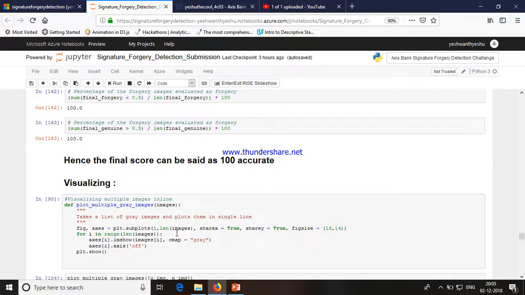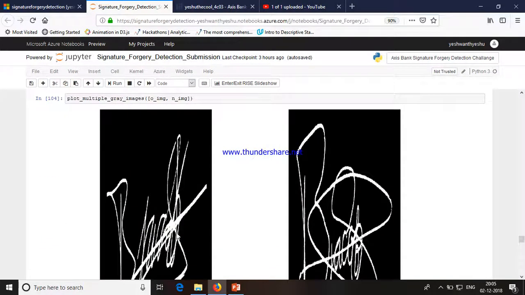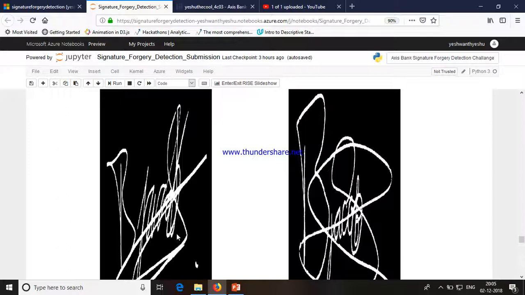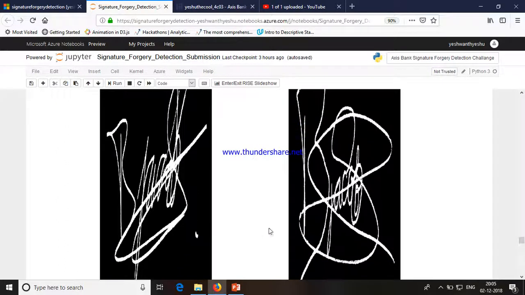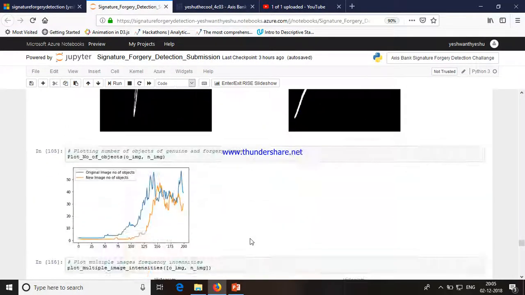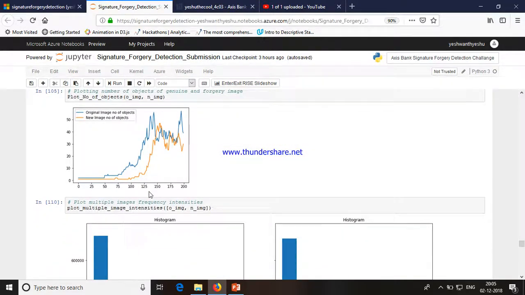At the last, I have made some useful visualizations for comparing how our metrics perform. Here, I compared a genuine image with a forgery image. The genuine image is to my left and the forgery image is to my right, and I have plotted the distribution of the number of objects at each intensity level used as a threshold, and evaluated the distribution.